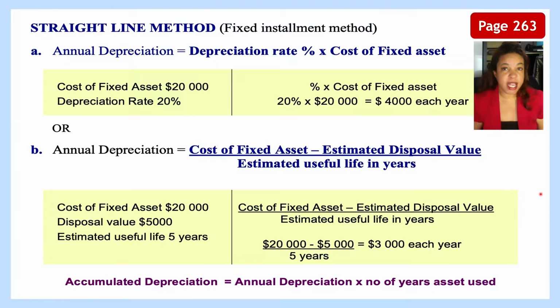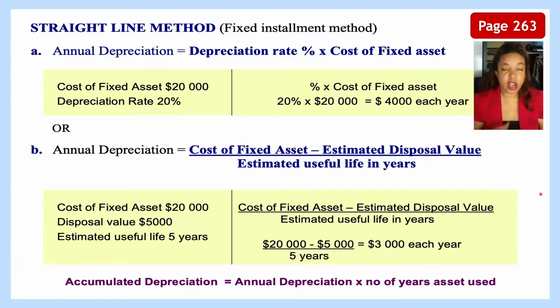Now, for the straight line method, to get that estimation, there are actually two ways that you can calculate it based on the information that is given. If you see a percentage, so the depreciation rate, then that means that it will be one formula, which is percentage by cost of the non-current asset.